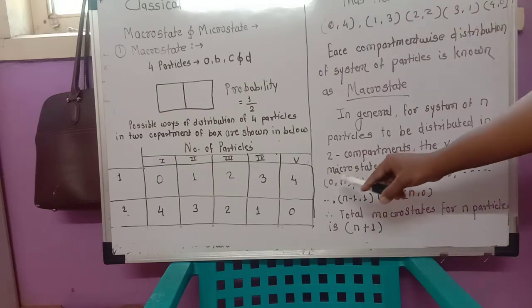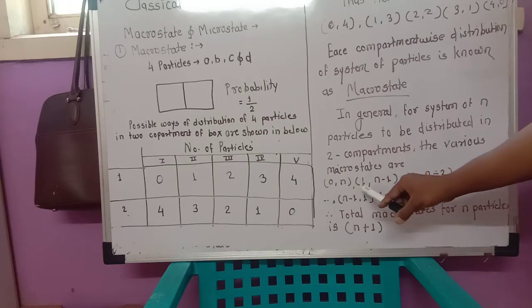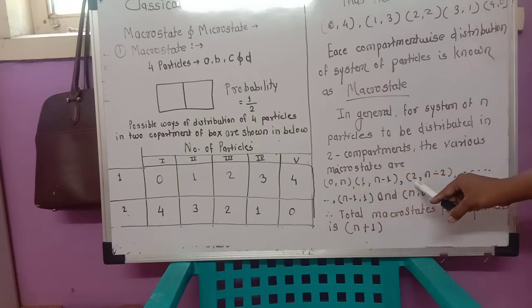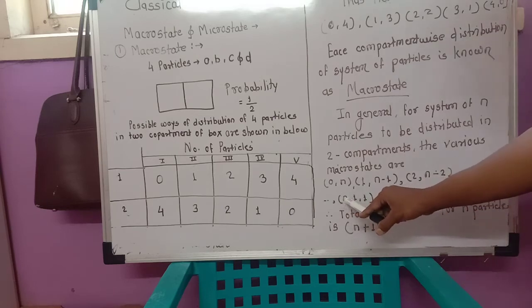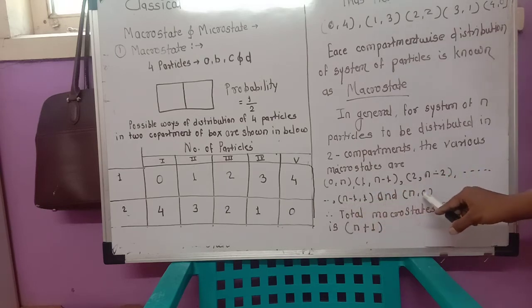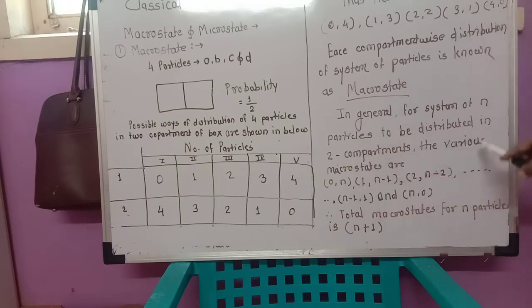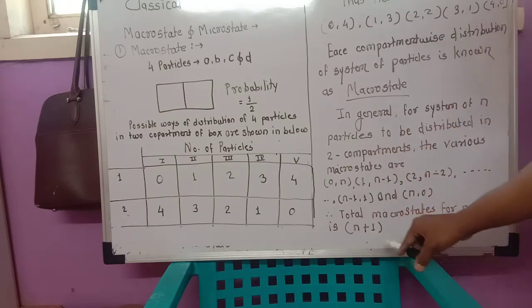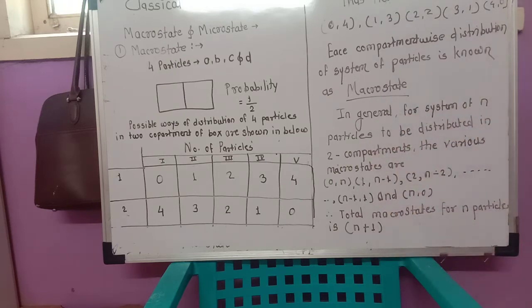Which are those? 0, n; 1, n minus 1; 2, n minus 2; likewise n minus 1, 1 and n, 0. These are the n plus 1 macrostates for n particles.